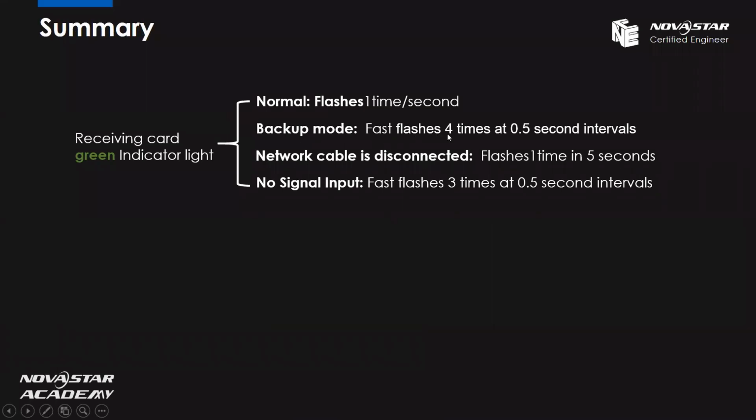It flashes 4 times at half a second intervals. If the network cable is disconnected, the green indicator light flashes once in 5 seconds. And if there is no signal input, the green indicator light flashes very fast. It flashes 3 times at half a second intervals.